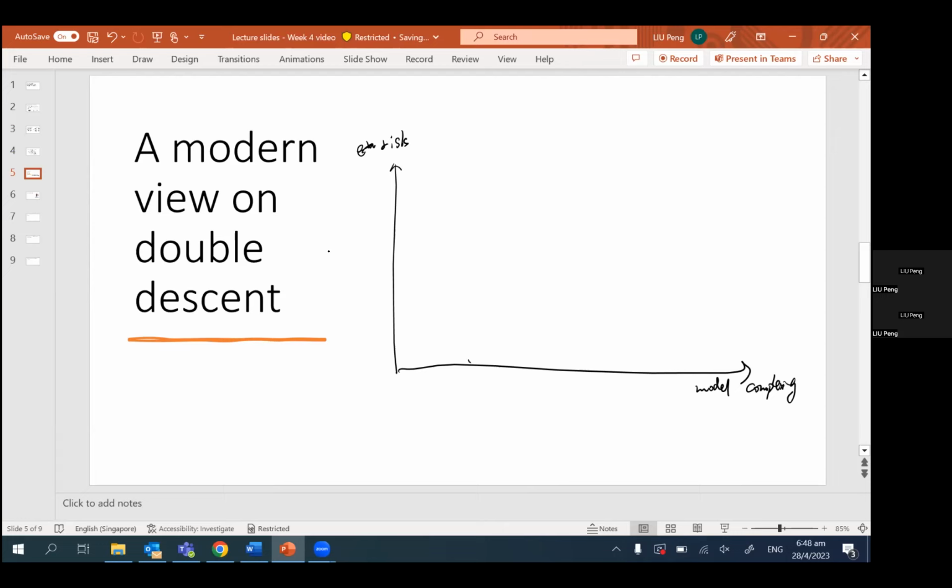As we increase the model complexity, we still see the training performance get better until the perfect interpolation point. This means that the model interpolates the data.